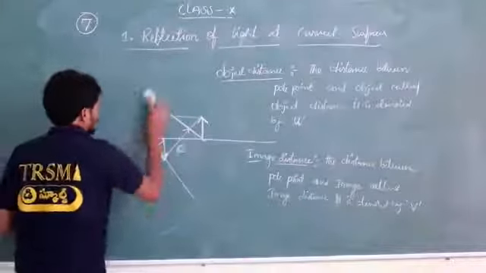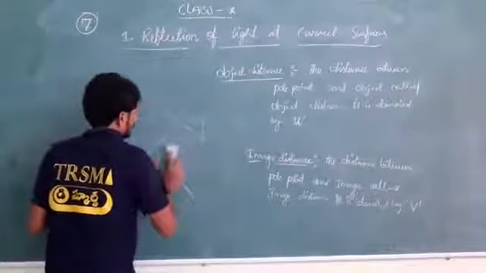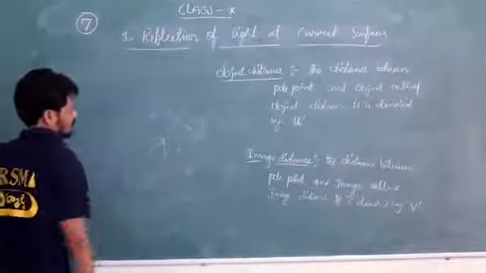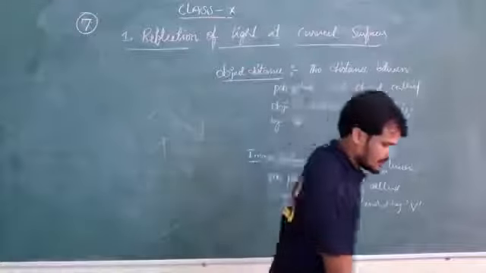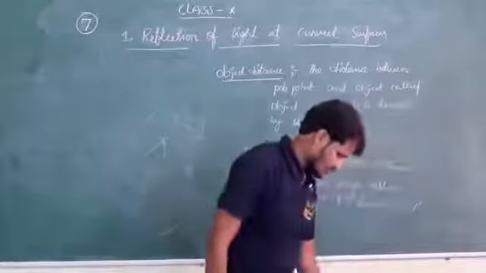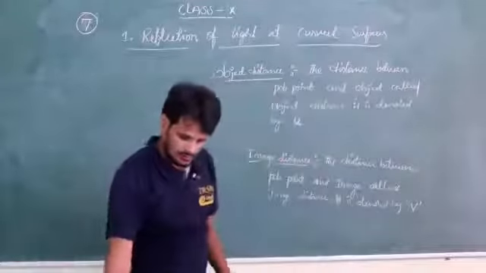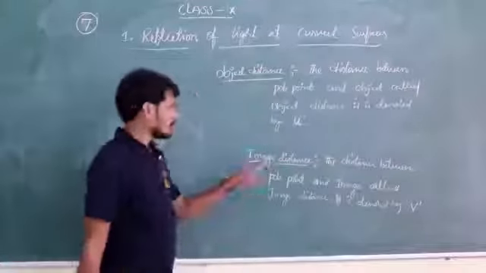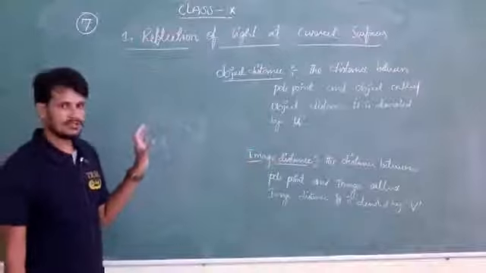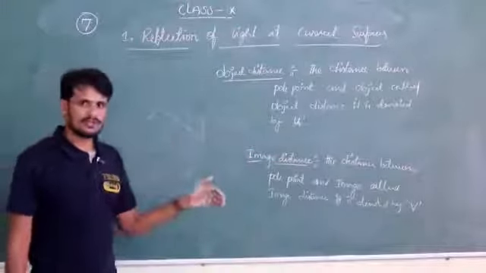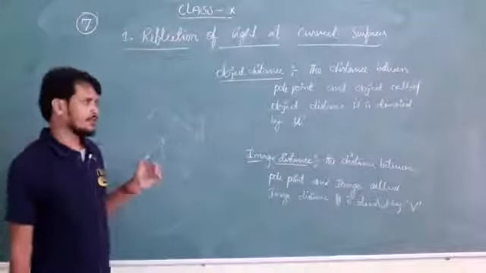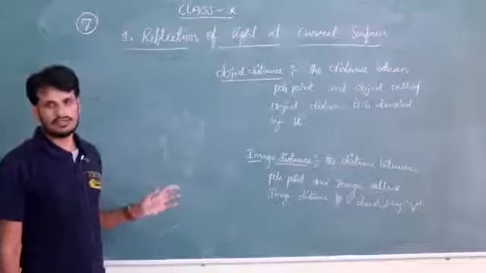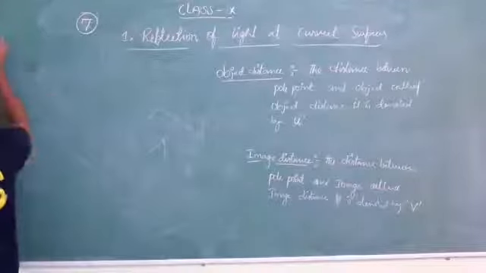Let's go to experiment. So after you got the position of image, you take out the distances where you placed the object and where you observed the image, like that. So experiment.